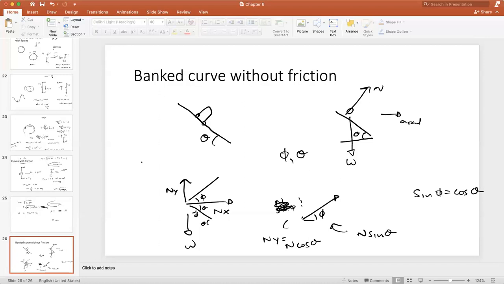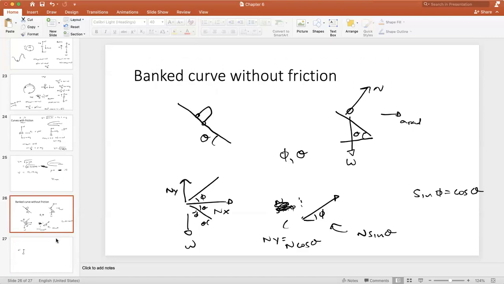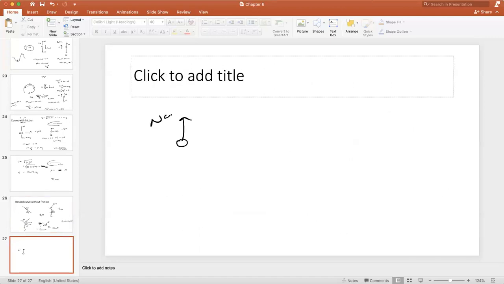When I draw my free body diagram, I get n cos theta. I get weight, which is mg. And then I get n sine theta, which is the normal force actually pushing me into the turn based on the banking. And I have a rad going that way.